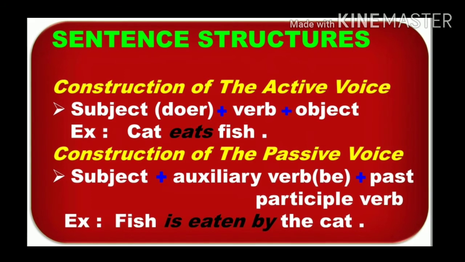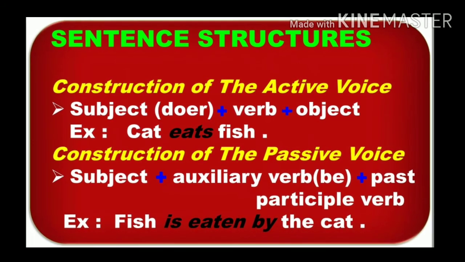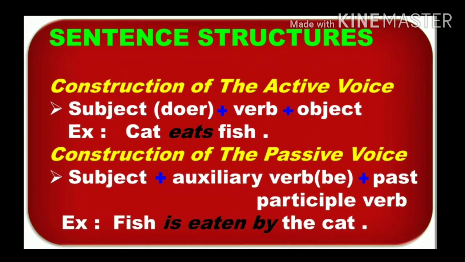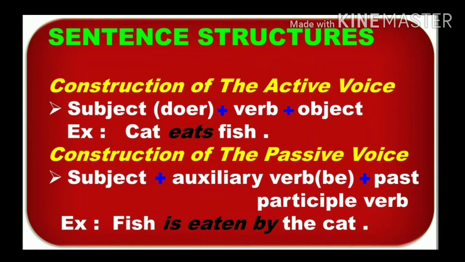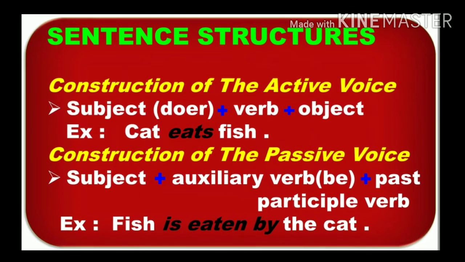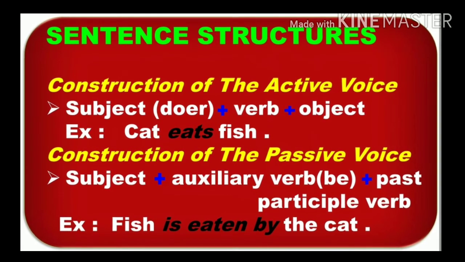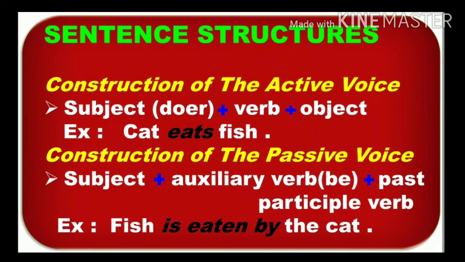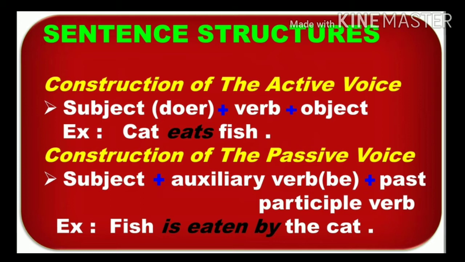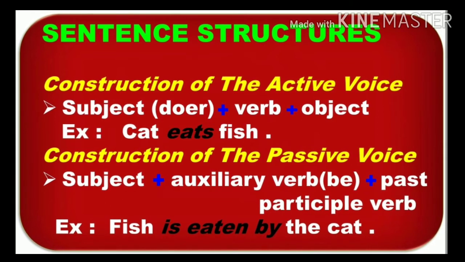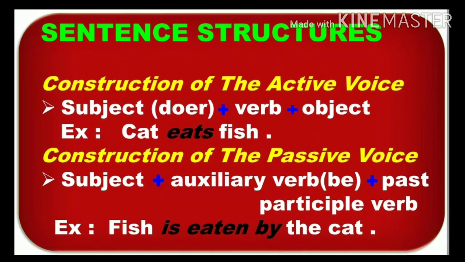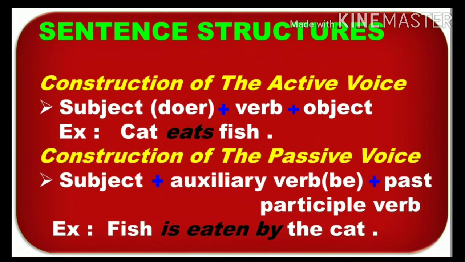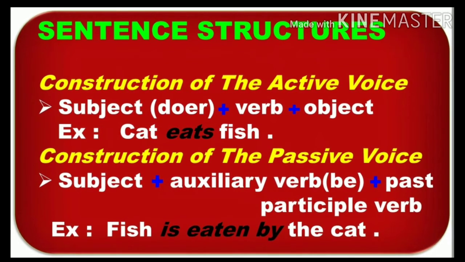In the construction of the passive voice, we will have subject, but the subject will not do any action. Along with that, we will have auxiliary verb or be form of verb, plus we will have past participle verb, that is called the third form of verb of the main verb. Clear? Look at the example. Fish is eaten by the cat.